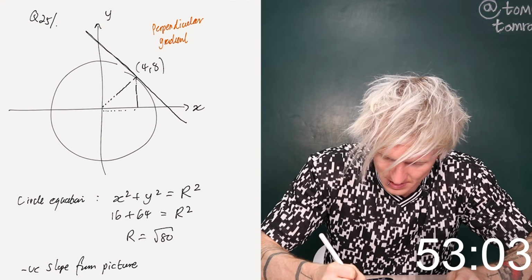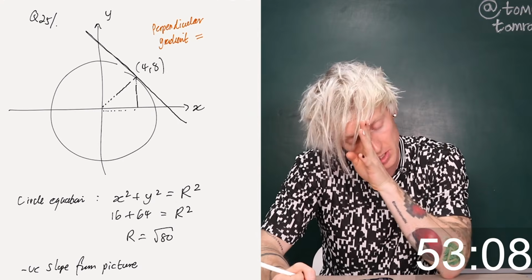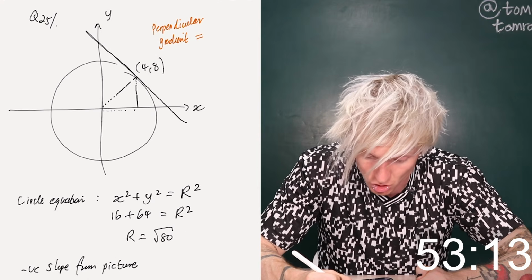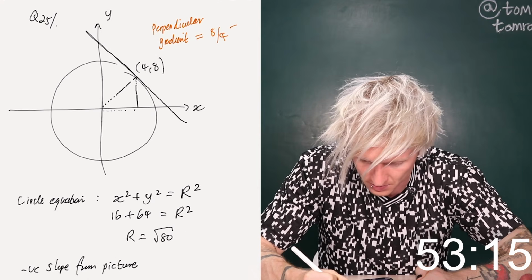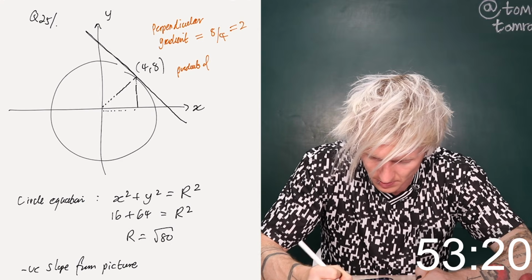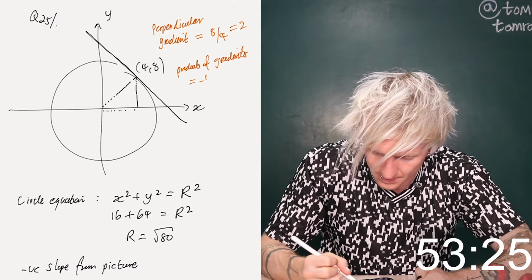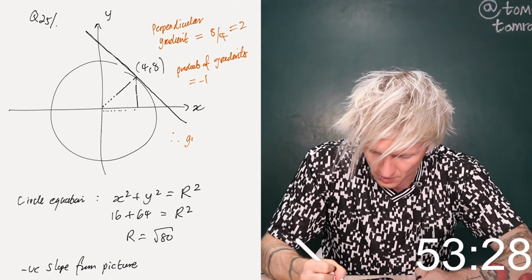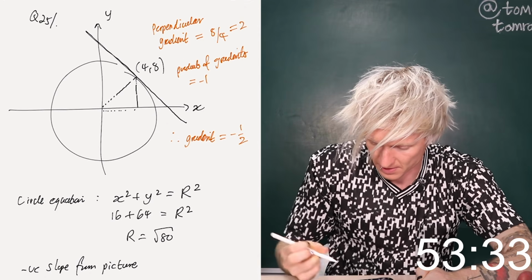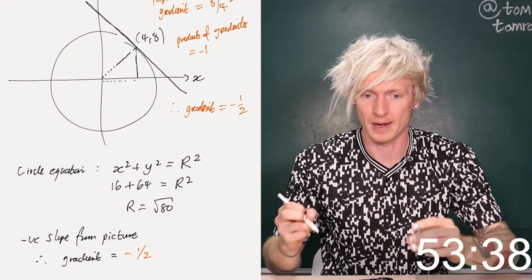Right, so if I know the perpendicular gradient, that's the change in y, which here is clearly 8. Perpendicular gradient is 2, 8 over 4, which equals 2. And then you say the product of gradients is minus 1. Therefore, the gradient we want equals minus a half. Absolutely not how you do that question, but I stand by it.